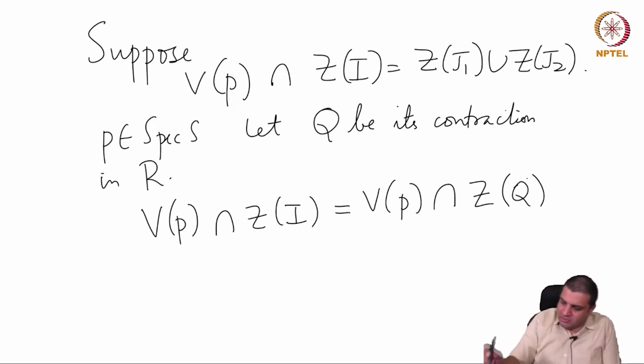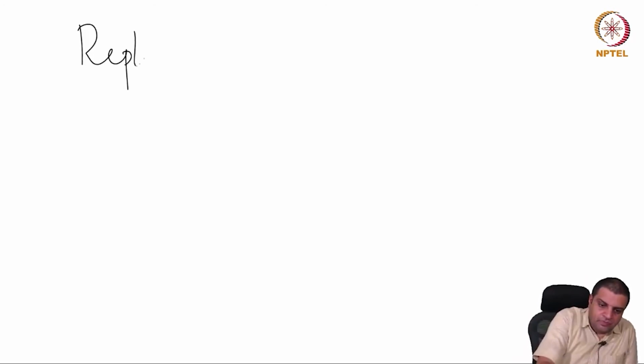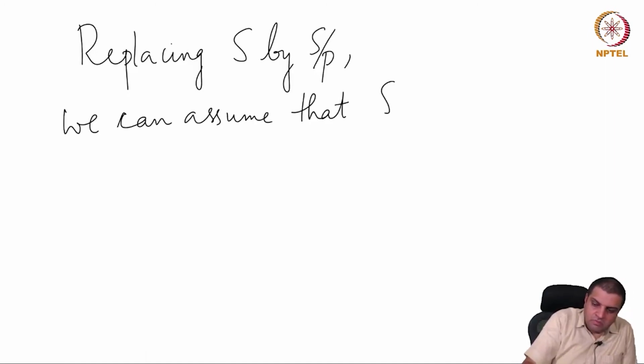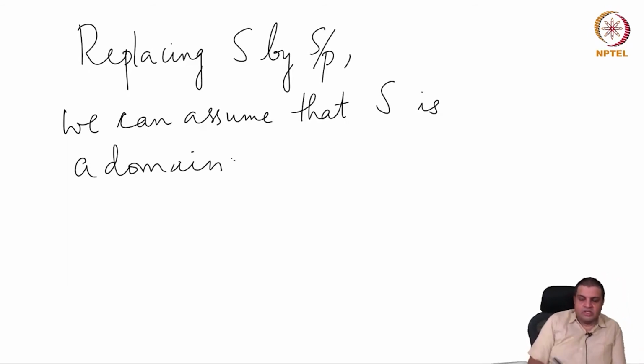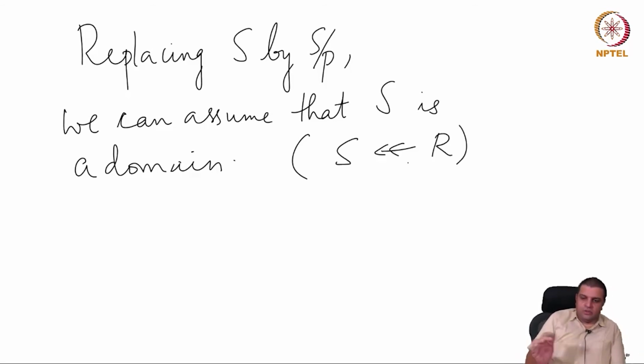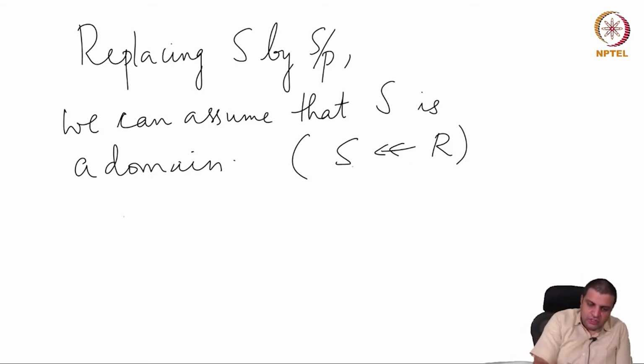Okay. Sorry, why did we reduce it like this? Replacing S by S mod P, we can assume that S is a domain. Remember, S is still a quotient of R, not an arbitrary S. So now we have a polynomial ring in n variables over an algebraically closed field, this R, and a quotient ring which is a domain, and so Spec S is irreducible.